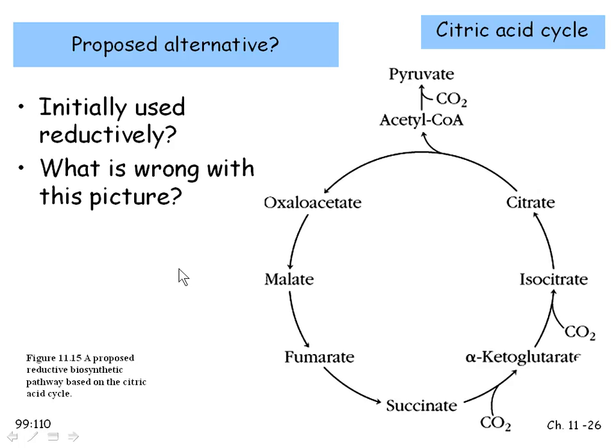When people were first studying the citric acid cycle, this was the pathway that was initially proposed. And you can see it has the same sequence of compounds, but it's going around in the opposite direction, and it's acting to fix carbon dioxide to generate a molecule of pyruvate ultimately. What is wrong with that picture?